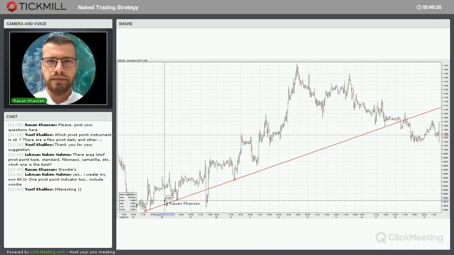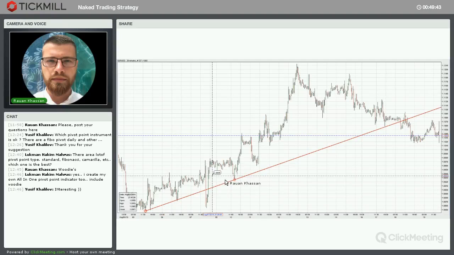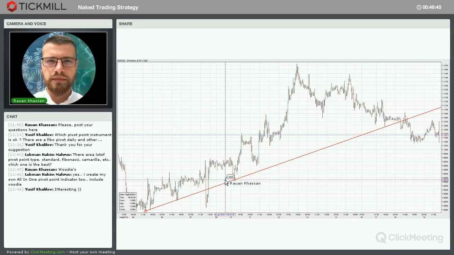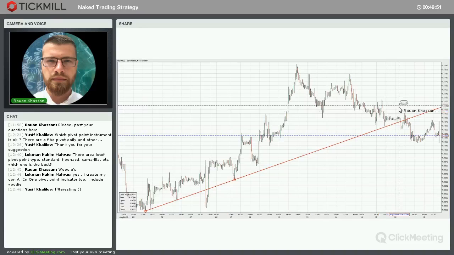It goes through some minor levels of 1.0874 and 1.0922, which is the support level based on pivot points. And currently it provides you a dynamic resistance around the area 1.1110.